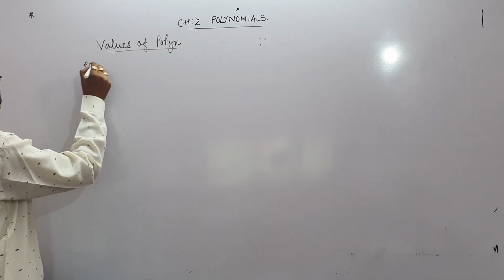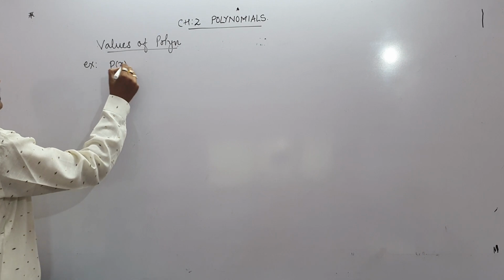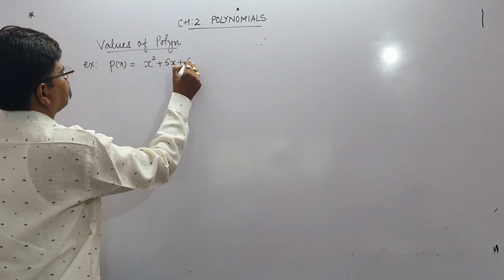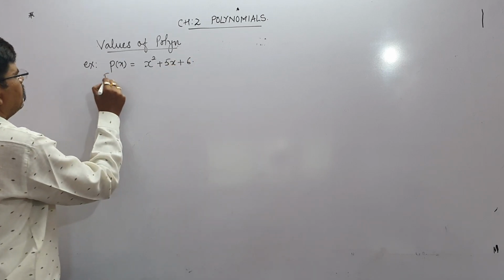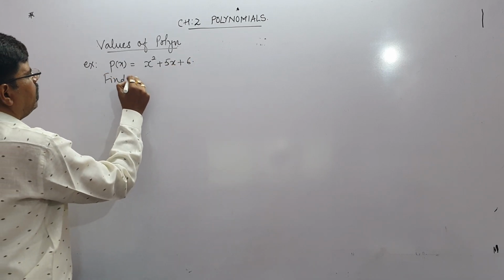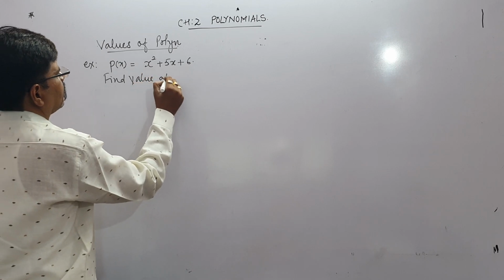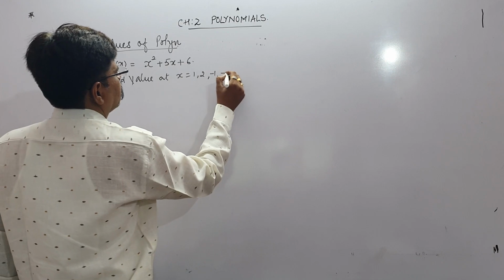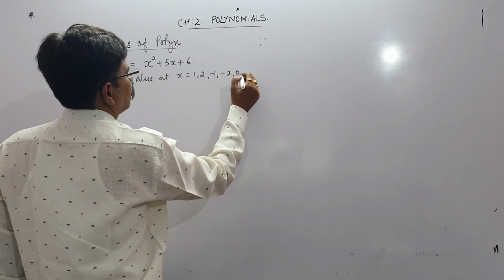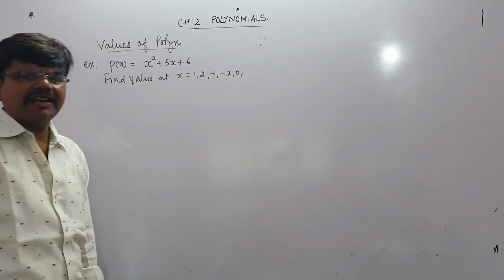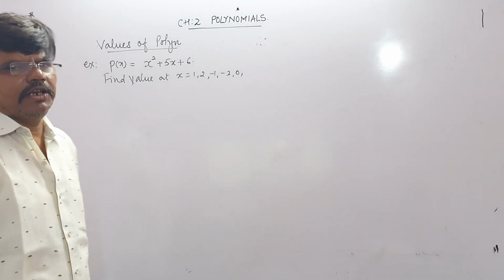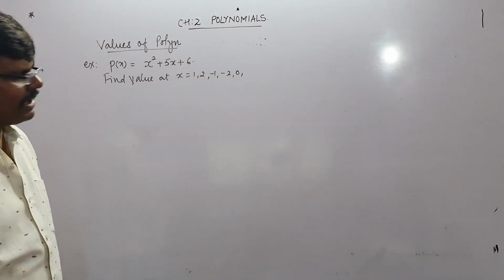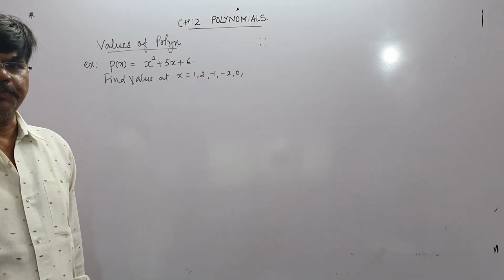Example, p of x is equal to x square plus 5x plus 6. Find the value at x equals 1, 2, minus 1, minus 2, 0, etc. Here we can use n number of values. You are supposed to find the value whatever is given in the textbook or the sum.